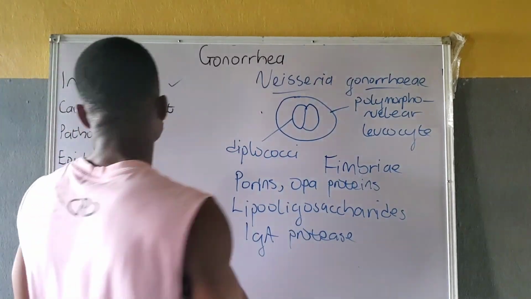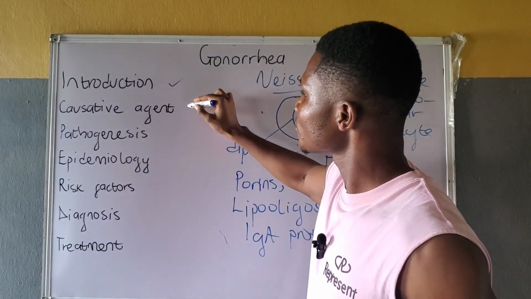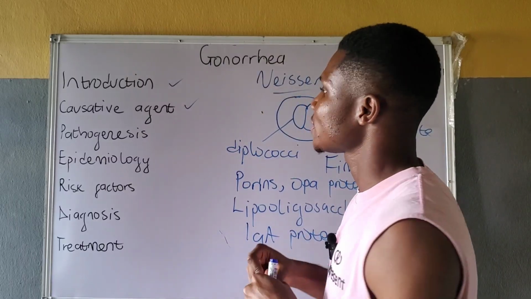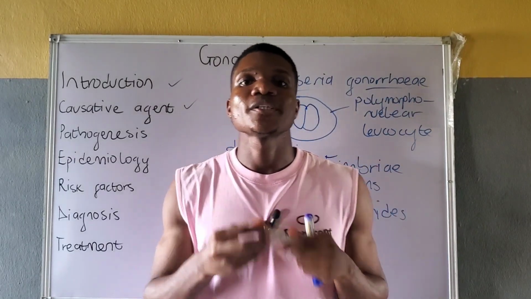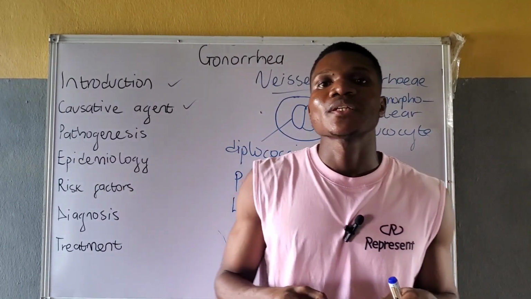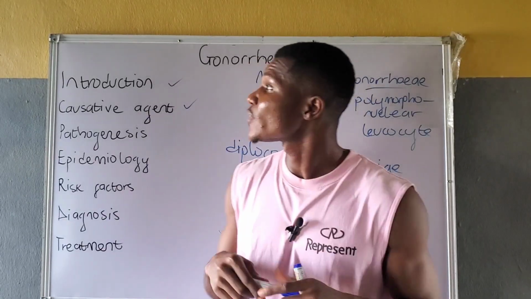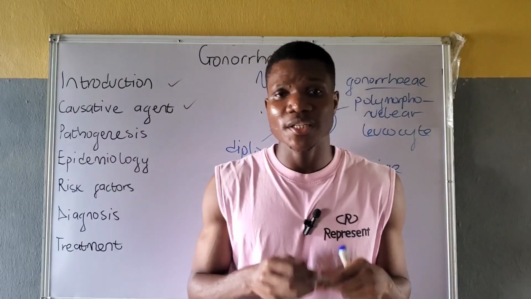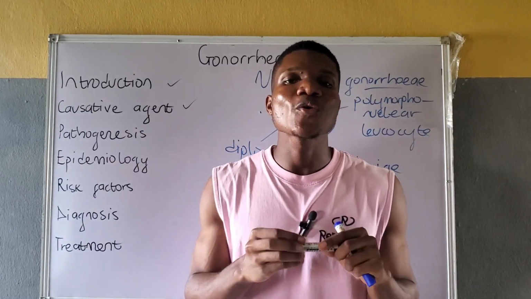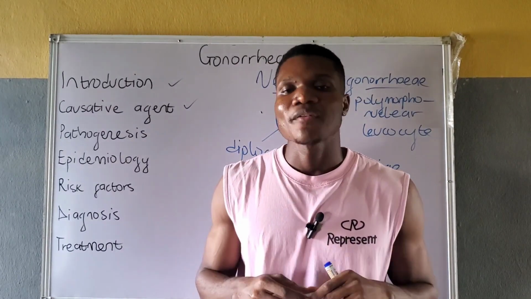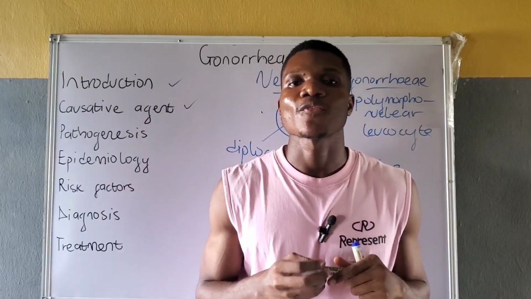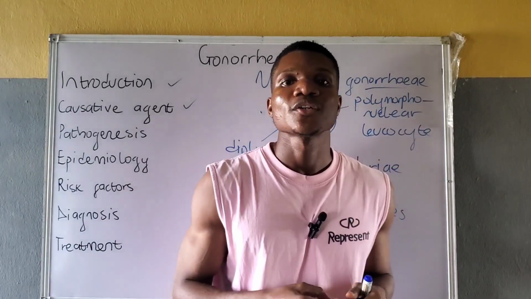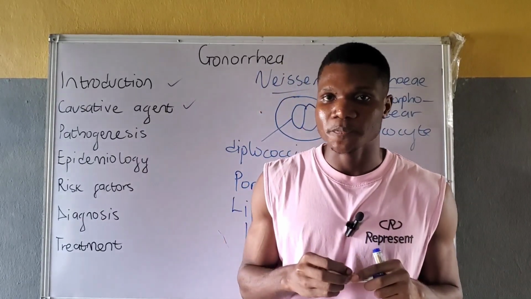Let's talk about the pathogenesis of gonorrhea. Let's briefly talk about the pathogenesis. The pathogenesis of gonorrhea begins with the sexual transmission of Neisseria gonorrhoeae via contact with infected genital, rectal, as well as oropharyngeal secretions. Vertical transmission also occurs from parent to child during vaginal delivery.